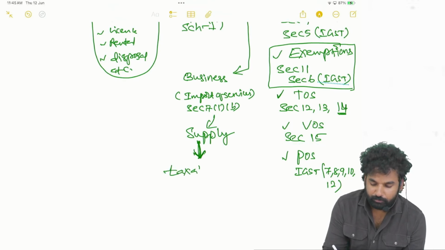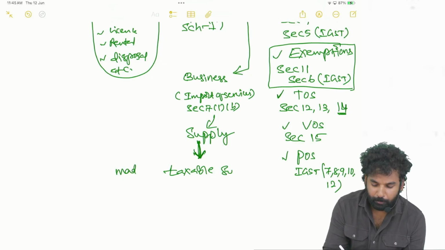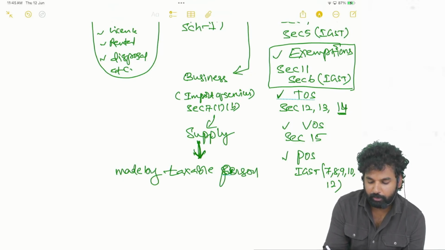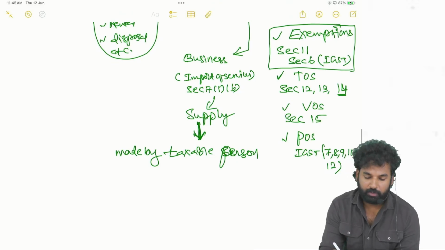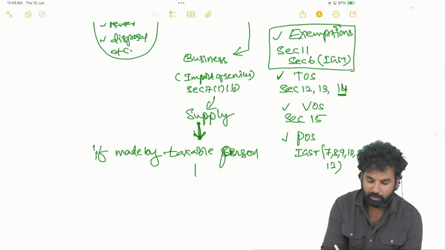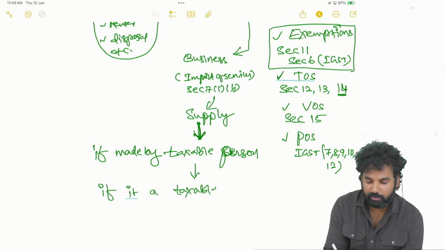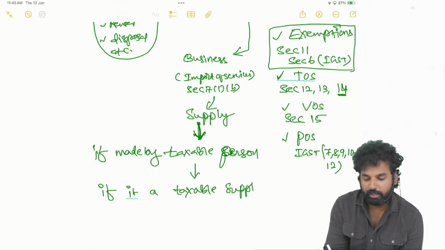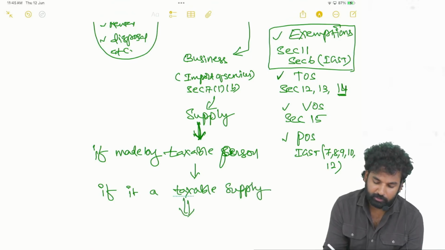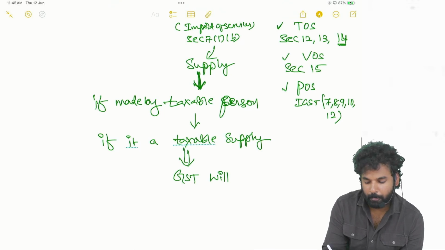If it is a supply, and it is made by a taxable person, and if it is a taxable supply, then GST will be levied.